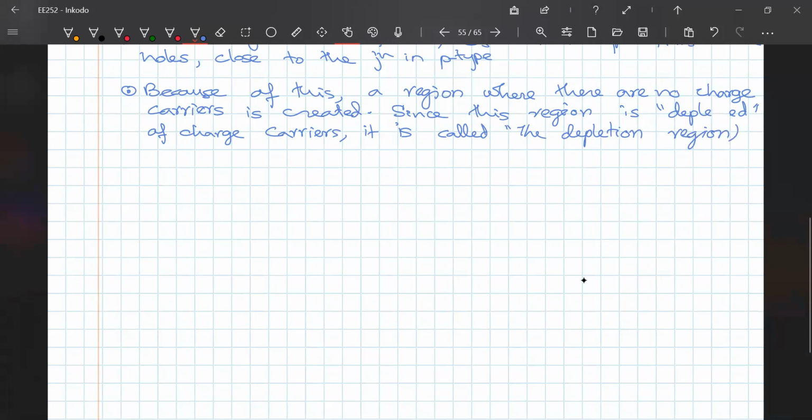There is no A here. Depletion region. Okay.